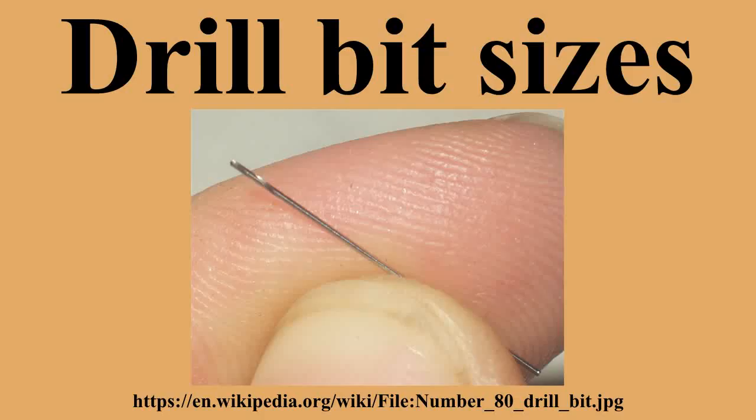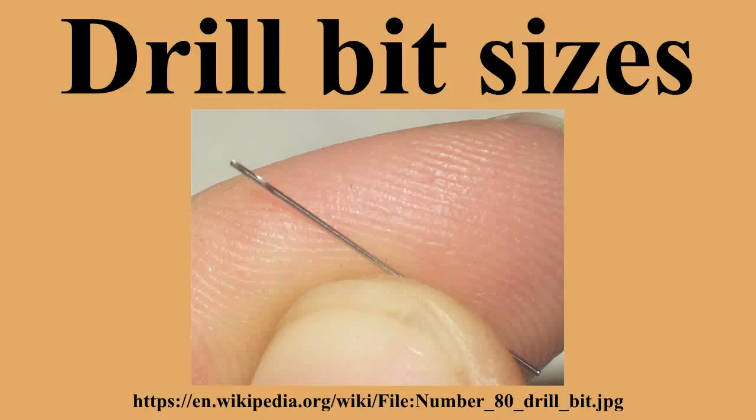Metric dimensioning is routinely used for drill bits of all types, although the details of BS 328 apply only to twist drill bits. For example, a set of Forstner bits may contain 10, 15, 20, 25 and 30 mm diameter cutters. Fractional inch drill bit sizes.